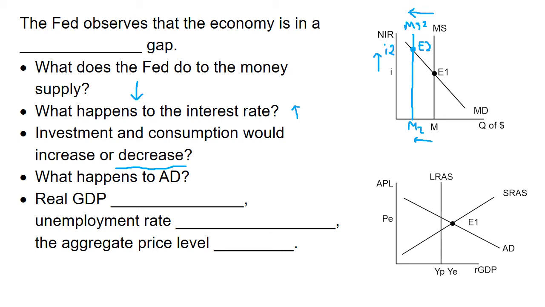It will cost them more to finance those projects, so they'll probably wait until the rate of return of more of those things is worthwhile. So if investment and consumption spending decrease, AD will shift left. It will decrease as well.